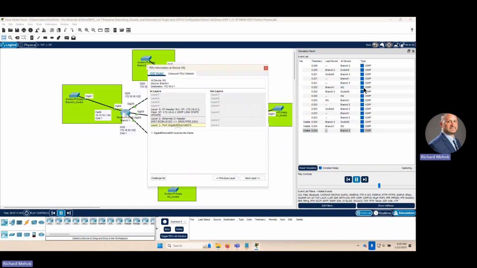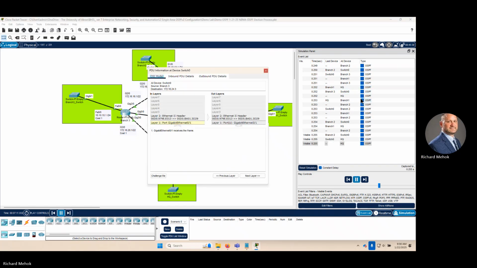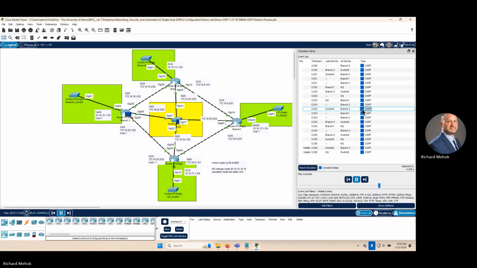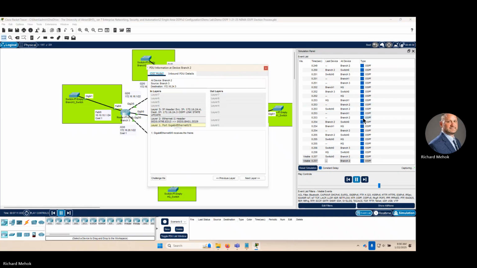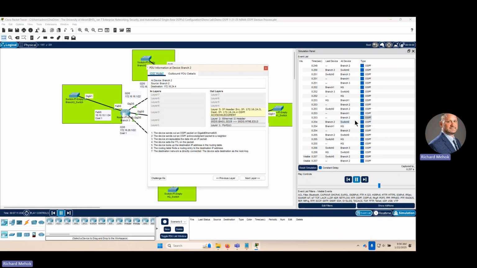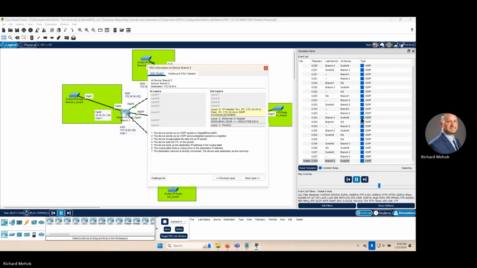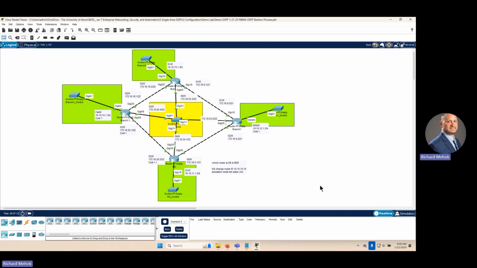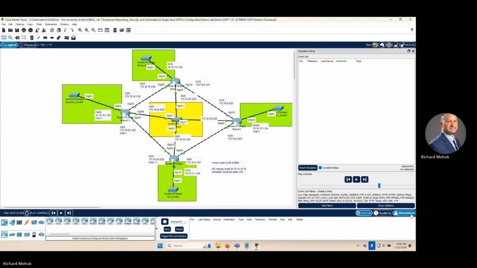So if you just cycle down through them, eventually we're going to find something different. Oh, there's an acknowledgement right here. So I found the acknowledgement. All right, so we went to real time, then real time back to simulation.